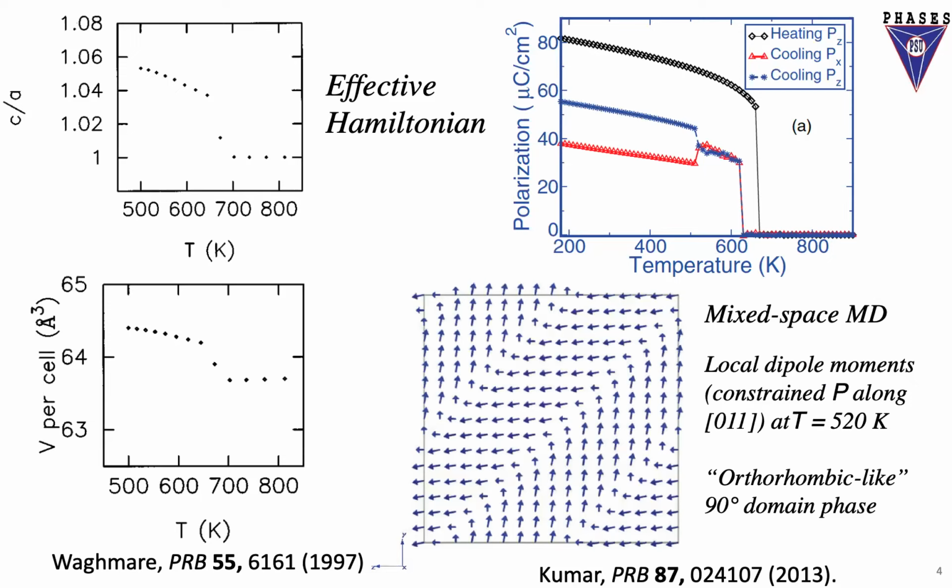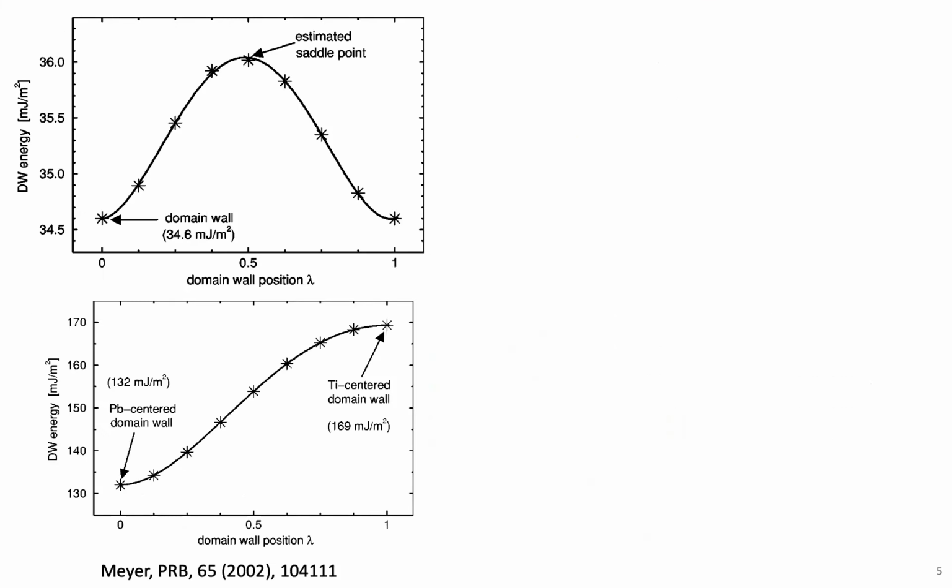So it's interesting that you put them together, you will see one more result, actually very, very nice work from Vanderbilt's group, calculating domain wall energy. As you can see, the domain energy goes like this. This is a 90-degree domain wall, this is a 180-degree domain wall, as a function of when you go from one side to another side. Okay.